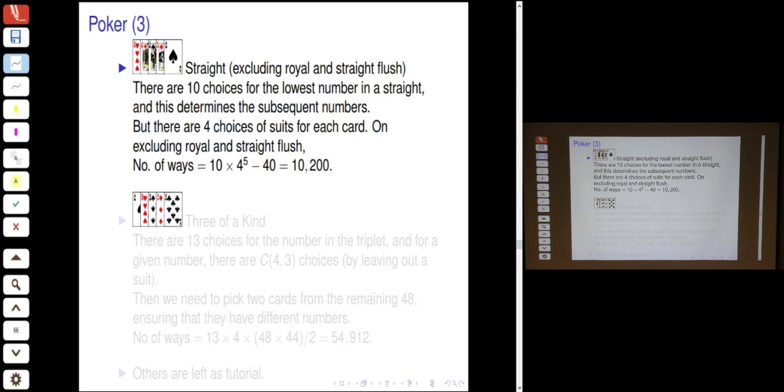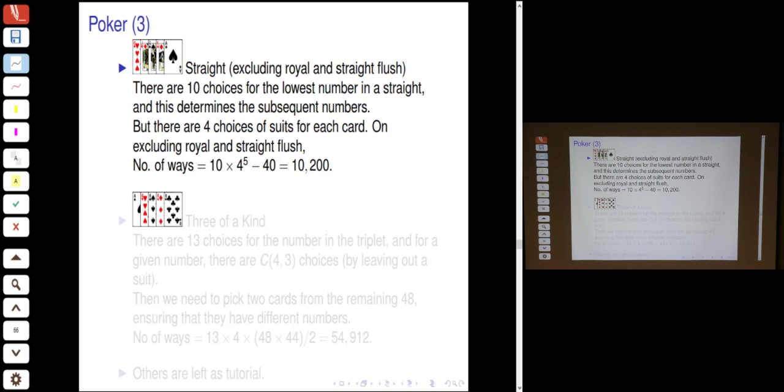They form 5 consecutive numbers, but not from the same suit. So there are 10 choices for the lowest number in a straight, from ace to 10.